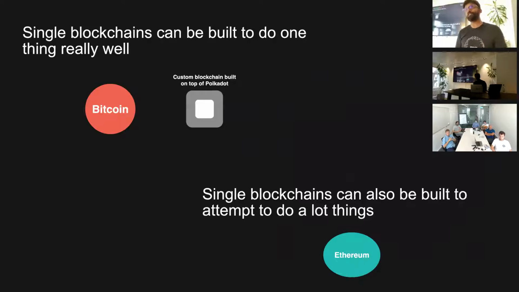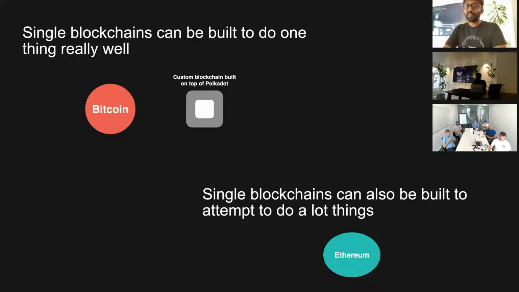Okay, so let's talk about the layer 1 blockchains now. So we have Bitcoin, which is really good at what it does. It's a distributed ledger, and it keeps track of all the transactions that happen, and it does that in its own way. So a custom blockchain built on top of Polkadot could also do that. It can have its own application, similar to what Bitcoin does, and it only does that.